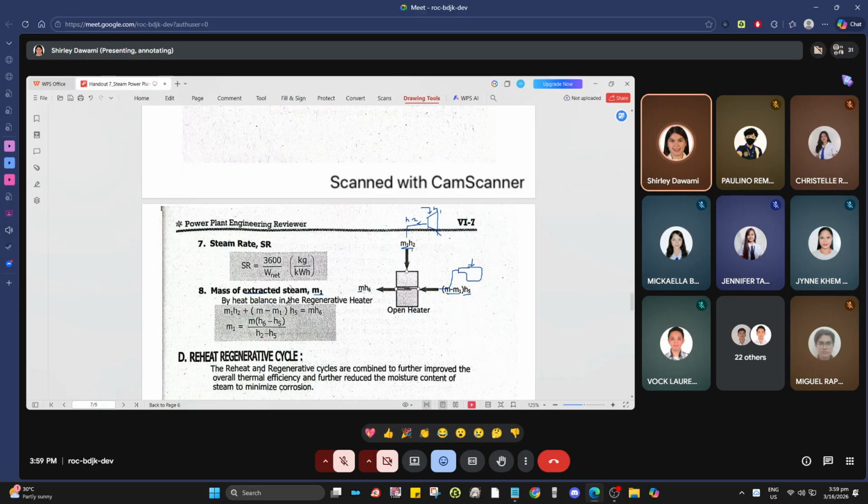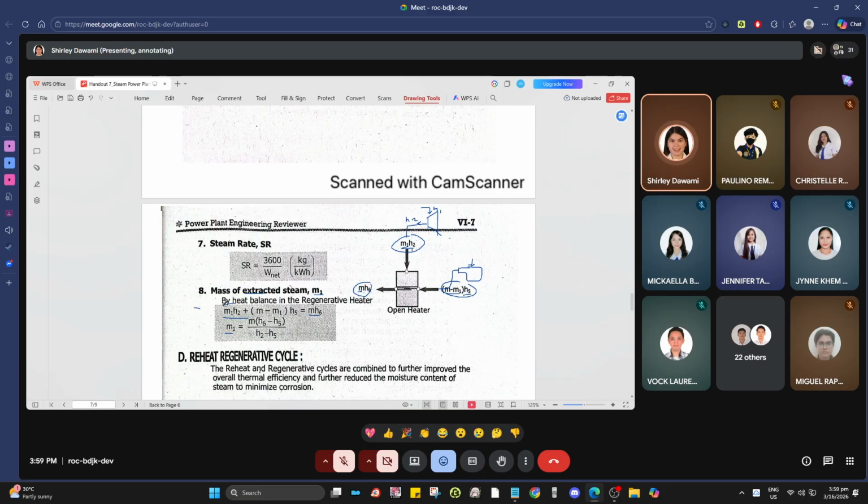Okay, so by heat balance in the regenerative heater, M1H2 plus (M minus M1)H5 equals MH6. So makuha na nimo ang extracted steam, which is equal to M times (H6 minus H5) over (H2 minus H5).